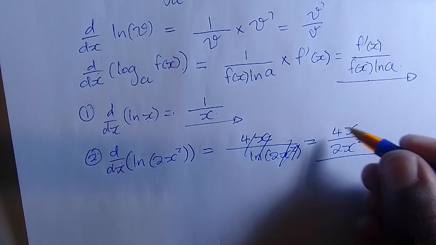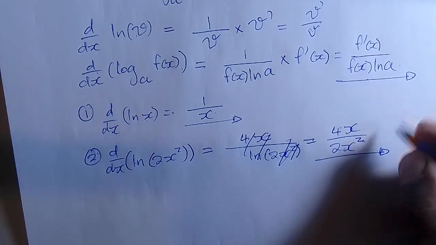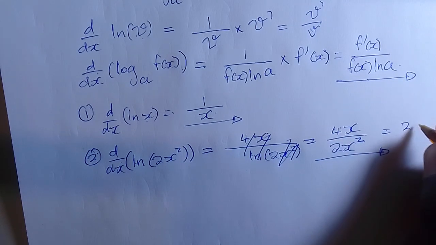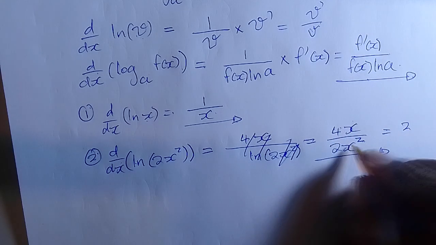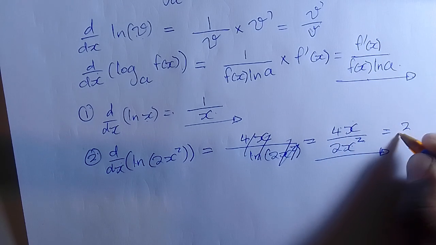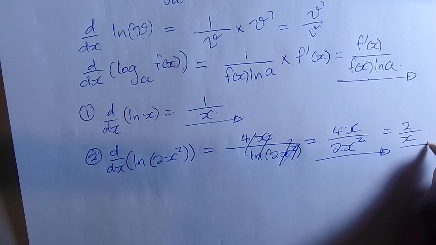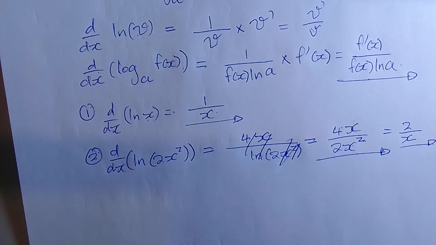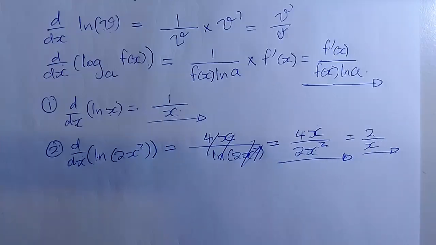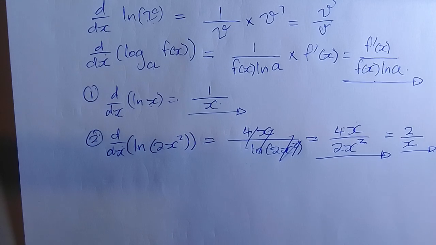That's how that is. And the 2 goes into 4, which means we just have 2, and the x goes into x squared, which means we just have 2 over x. That's what that simplifies to, it's just 2 over x.